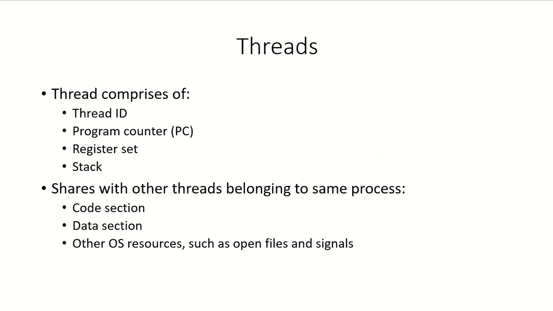A thread comprises a thread ID. Just like a process has a process ID, each thread that is created will have a thread ID. It has its own program counter, its own register set and its own stack. But as we have just seen, what it will share with the other threads of the same process is the code section, data section and some other resources such as open files and signals.